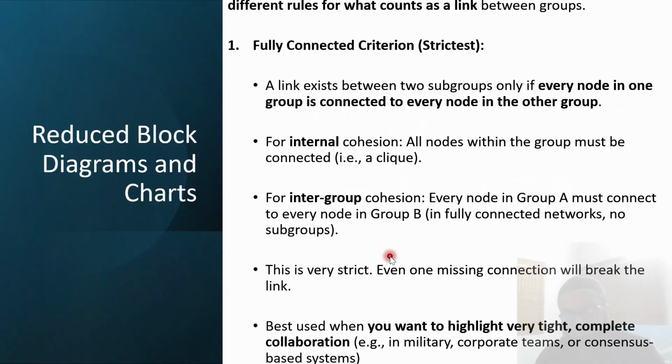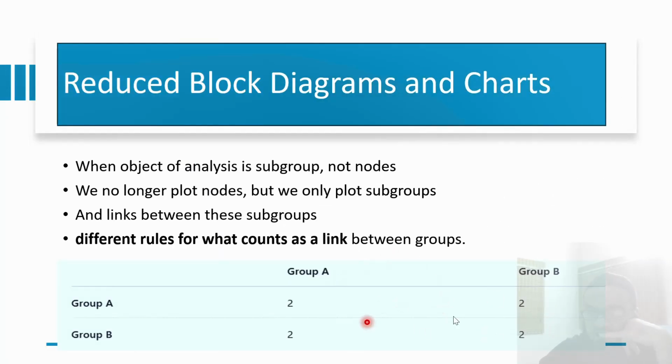So what does it mean? Again, it can be binary. Just to make sense of it, if it is based on densities, and the density of group A within the nodes themselves is more than the density of the overall network, there has to be a 1 over here. Otherwise, it is 0.